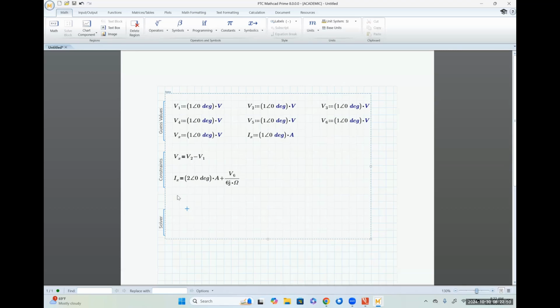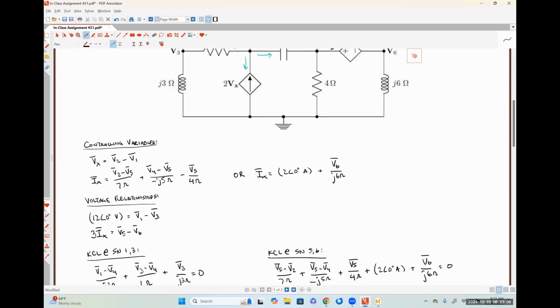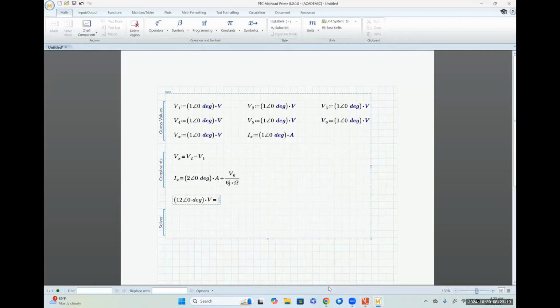All right, so now we have our voltage relationships to do. I think the first one was something like 12 angle 0 degrees volts will be control equal to V1 minus V3. And then the next one was 3Ix.